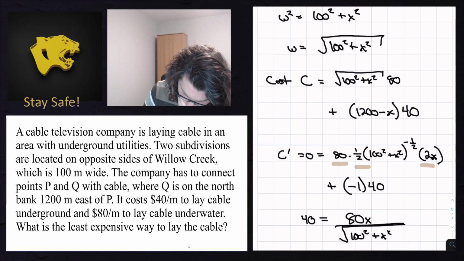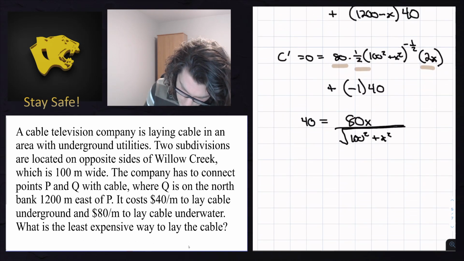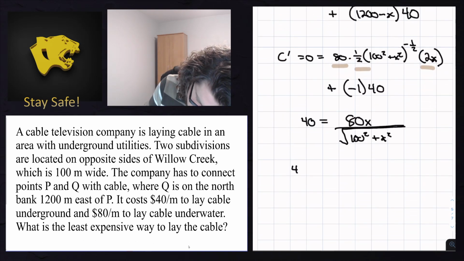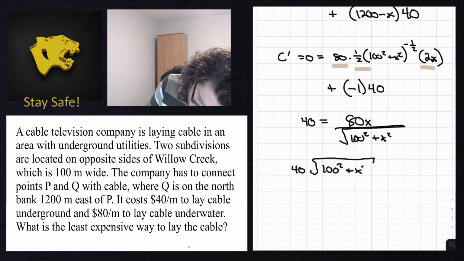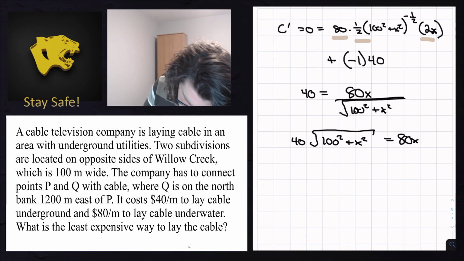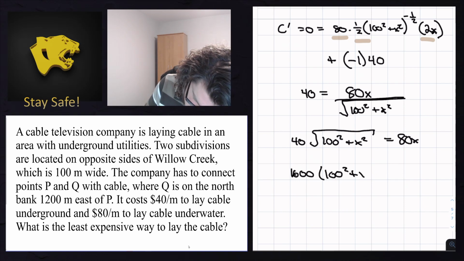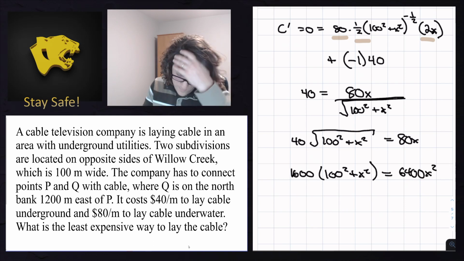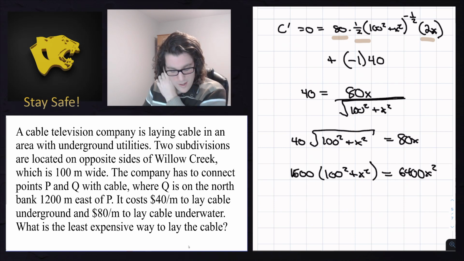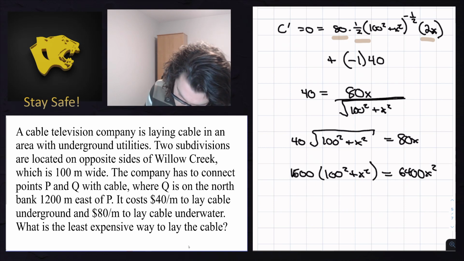I'm going to multiply my square root up onto the other side, then square both sides to get rid of that square root. So it's going to give me 1,600, because that part gets squared as well, times the square root goes away, is equal to 6,400 X squared. So 1,600 on the left, 6,400 on the right. You can divide that out.